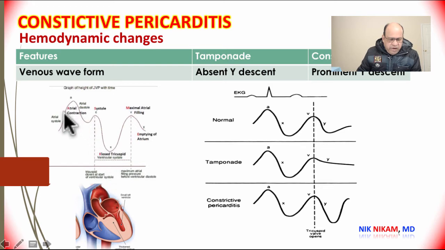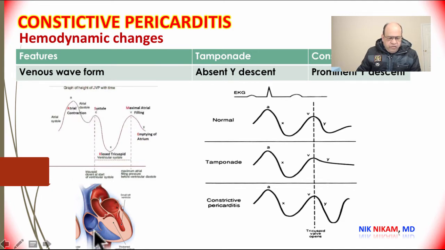And if we correlate these changes with the mechanical activity in the heart, this is how it follows. With the atrial contraction and forcing of the blood into the right ventricle, we have the sudden rise in jugular venous pressure.